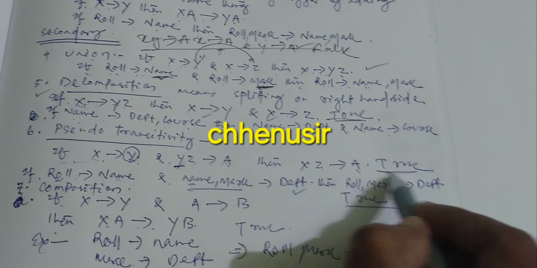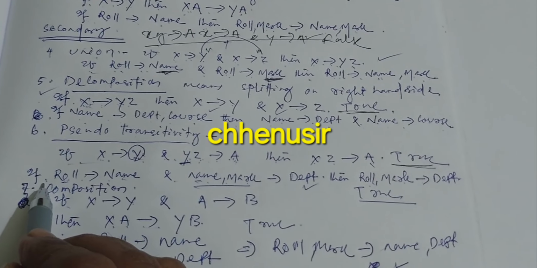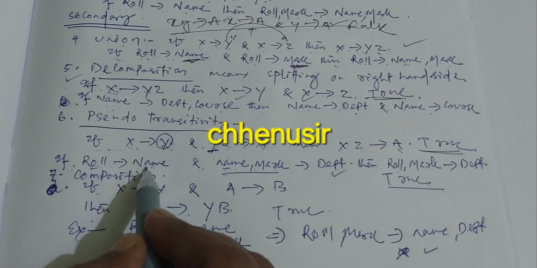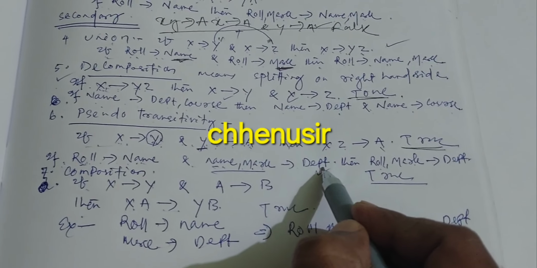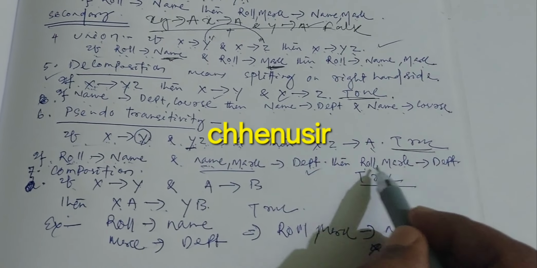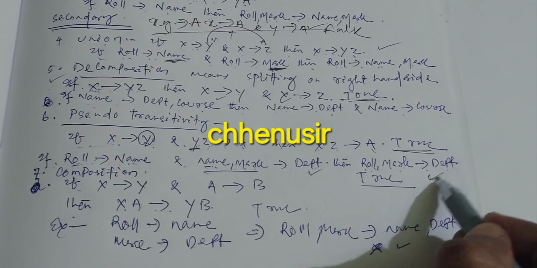This will be true. And an example from that table is if roll number determines name and name mark determines department, then name will be replaced with roll. Roll mark will determine department. This is true.